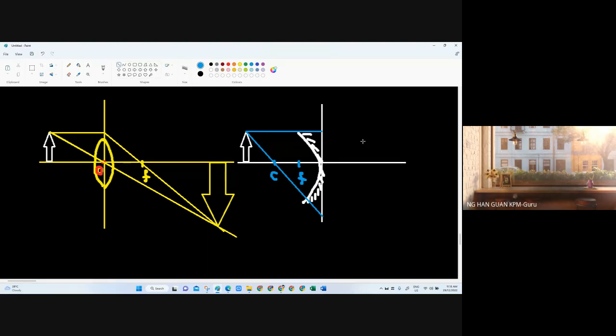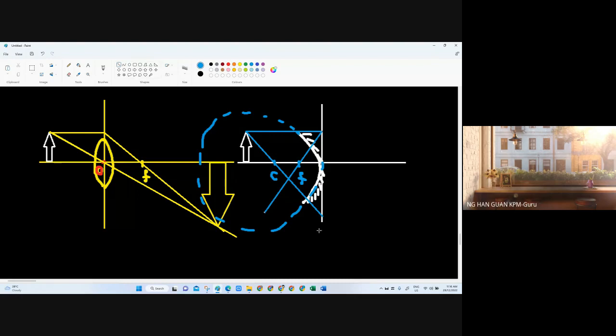Remember, F itself must be inside the sphere, inside the circle of the curvature, right? So that's why the F must be here, because part of the curvature is like this, according to the mirror that we have. So it's inside the circle, and we reflect towards the F.